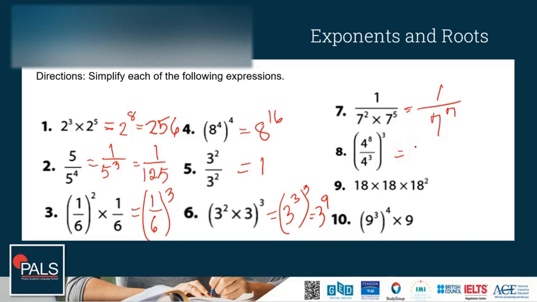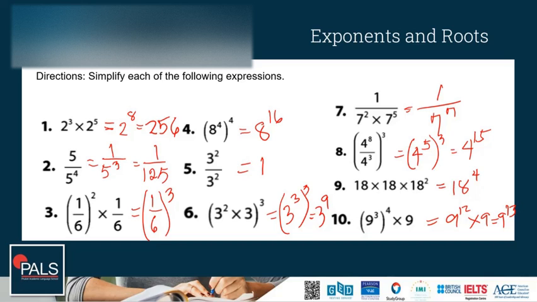Number 8, 4 to the power of 5, to the power of 3, is equal to 4 to the power of 15. Number 9, 18 to the power of 4. Number 10, 9 to the power of 12 times 9 equals 9 to the power of 13.